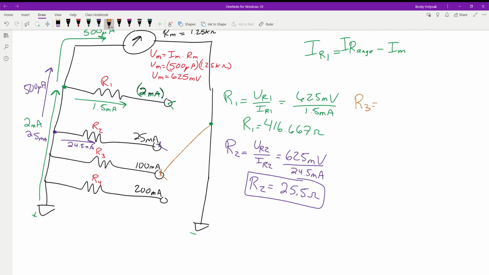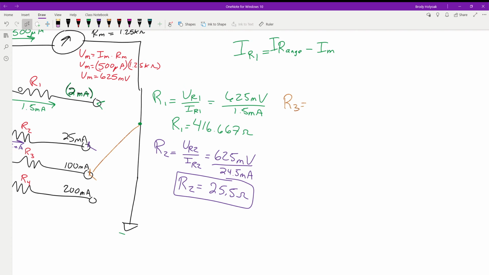So first of all, what do I need to do? Okay, we got to find our currents. Coming up here, how much current is going to be flowing? 100 milliamps. We hit this node. How much current is going to be going up to the meter? So when we come up to this point, remember, basically this part's gone, we can just ignore it because it's not connected.